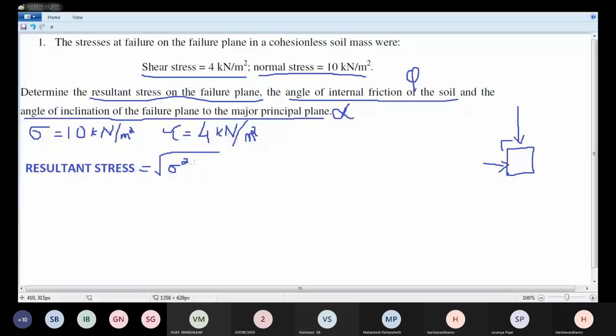You have learned this concept in your first year, resultant of forces, the parallelogram law. When the two forces are perpendicular, the resultant force is under square root f1 square plus f2 square, that is the square root of the sum of squares of both the forces. So resultant stress is equal to under square root 4 square plus 10 square.